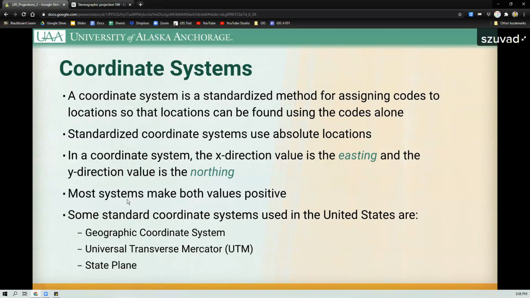You do see the geographic coordinate system some, which is lat-long, but in the United States, you see the universal transverse Mercator, which is one of those distorted ellipsoid Mercator systems. Or you see state plane systems, which are actually not a planar system.